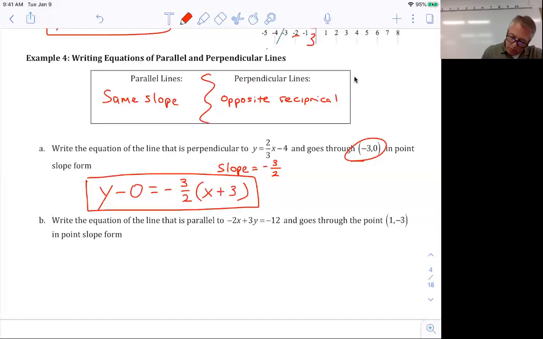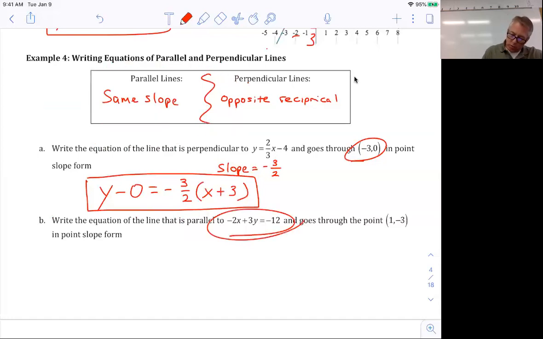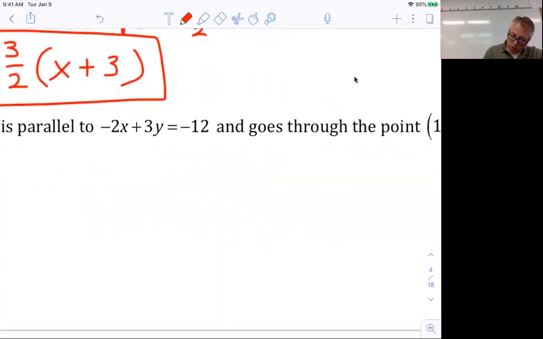All right, so next we want to write the equation of a line that's parallel to this guy. Well, if it's parallel, that means, again, they have the same slope. So I need to figure out the slope of this, but it's not in a very nice form. It's actually in standard form. So I need to solve it for y. So I'm going to move that -2x over and write that as 3y equals 2x minus 12.